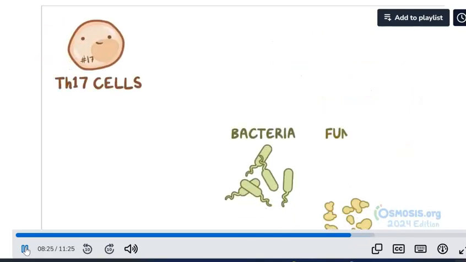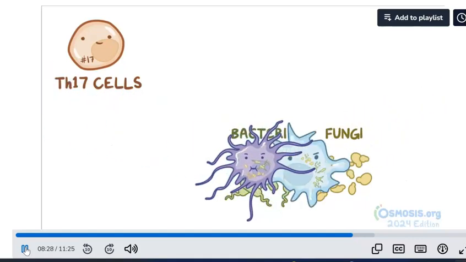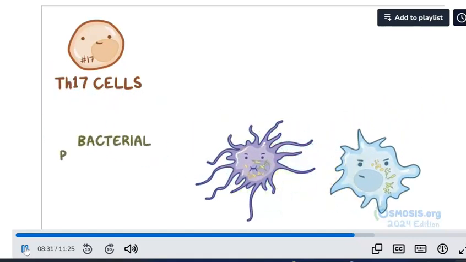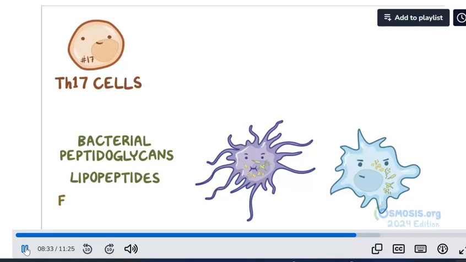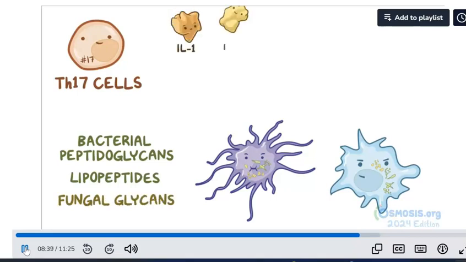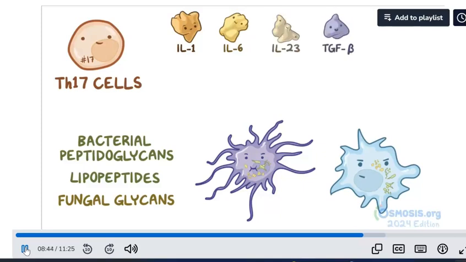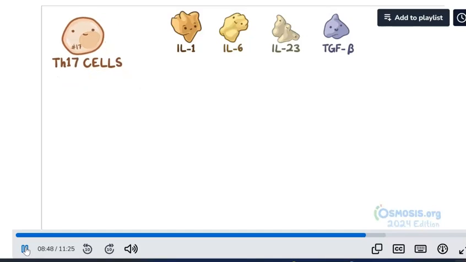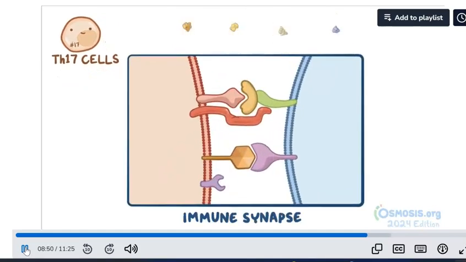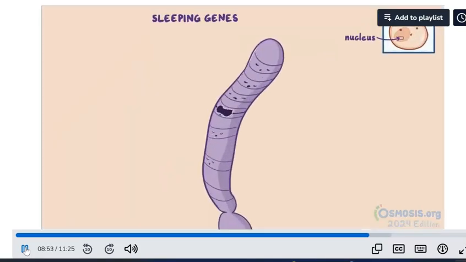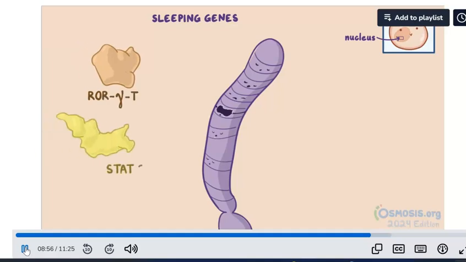Extracellular bacteria and fungi are often picked up by dendritic cells or macrophages, which recognize bacterial peptidoglycans, lipopeptides, or fungal glycans. These antigen-presenting cells produce IL-1, IL-6, IL-23, and TGF-beta within the immune synapse with a T cell. When these cytokines are released within an immune synapse, they bind to the T cell and cause it to make transcription factors like ROR-gamma-T and STAT3.